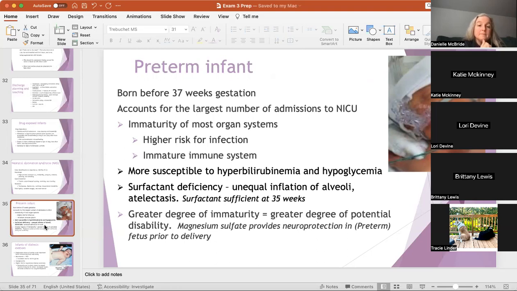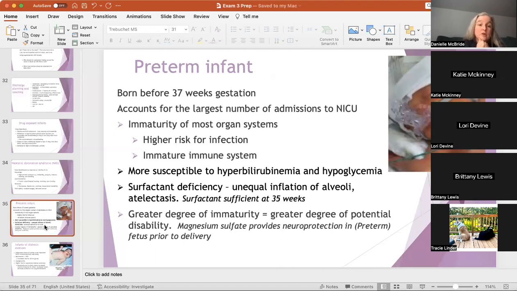The surfactant, if they were born before 35 weeks, is not fully matured. Hopefully they were in mom long enough to get a dose of steroids, and then 24 hours later another dose. But of course, if baby's having issues, they may be born before that, so they're going to have deficiencies, meaning their alveoli are not inflating like they should.